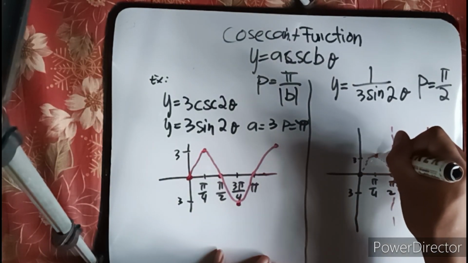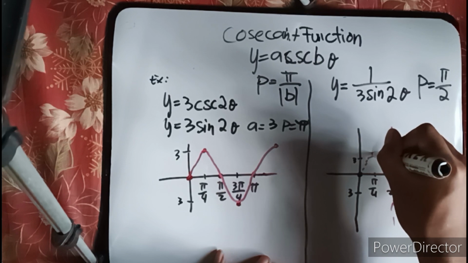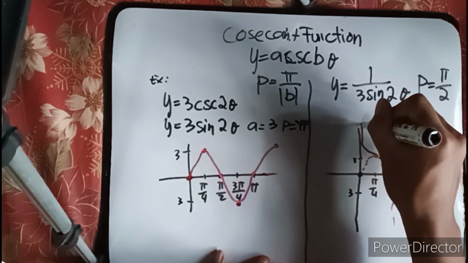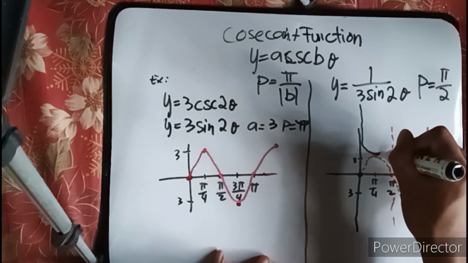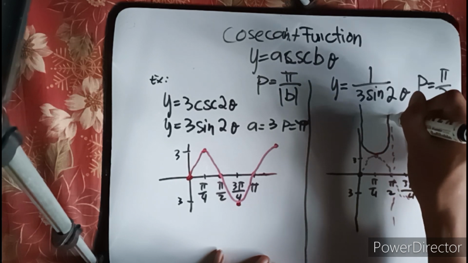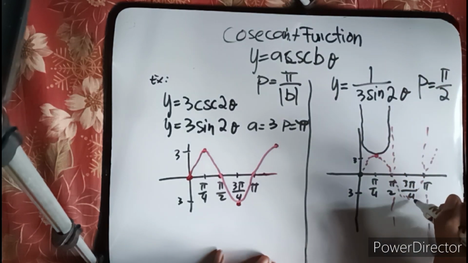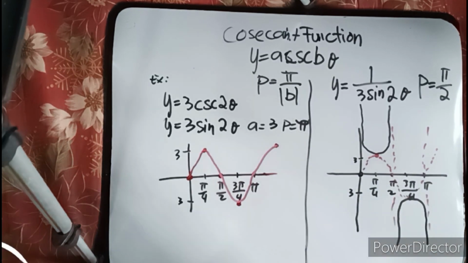So all we need to do is draw a graph after that, same here at this point. It's like that. So that's how we graph a cosecant function.